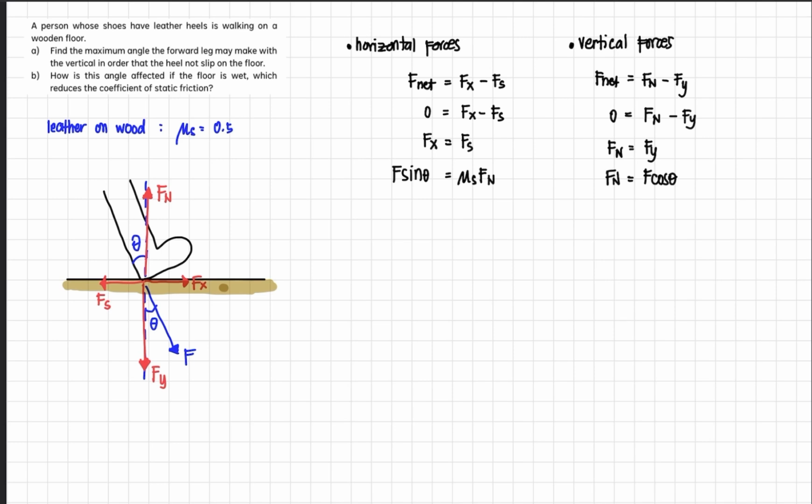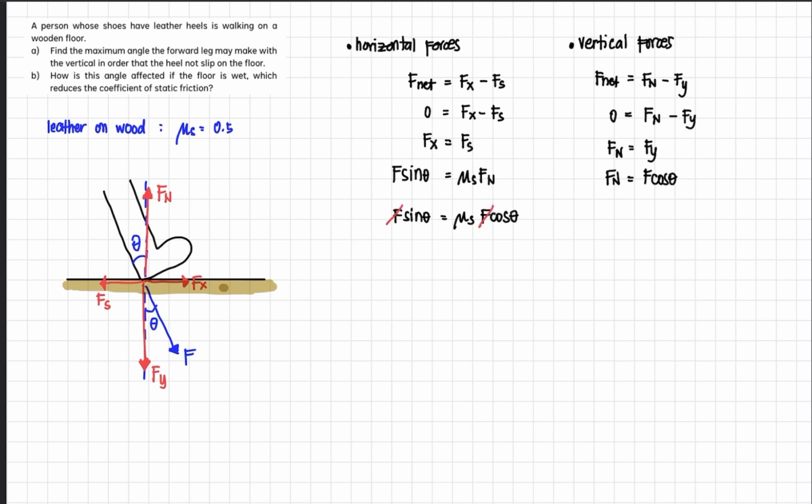So we can substitute this Fn in our first equation. F sine theta equals mu s, Fn is F cosine theta.